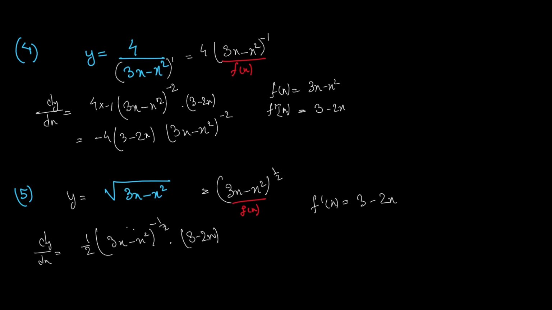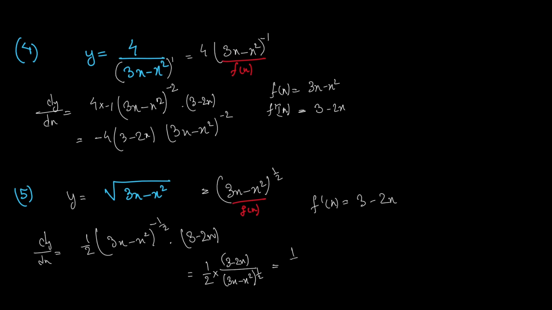Now there's another way we can write it. Because the power is minus half here, we can take this expression 3x minus x squared to the denominator. If we do that, we'll have half into 3 minus 2x divided by 3x minus x squared to the power half. Now we already saw that we can write the power half as the square root.